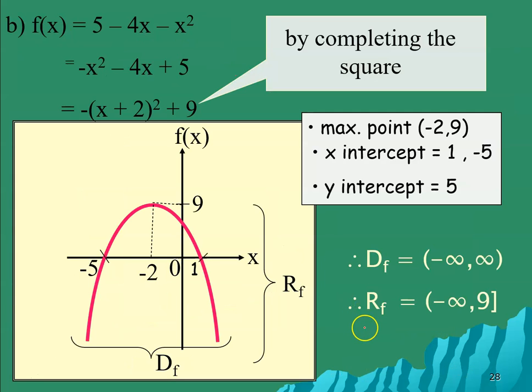So it's quite similar with this one. It's just that this one is negative over here, so your graph looks like this. So you need to update and using the completing the square so that you can find your maximum and minimum point. Since this is the negative curve or negative graph, so you will have maximum point over here, which is -2 and 9. And the intercept will be over here and over here. So the domain, sama juga.